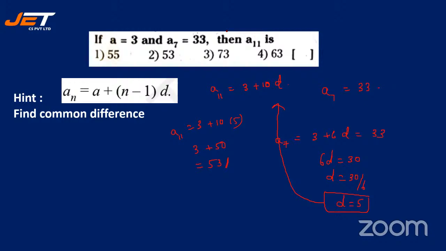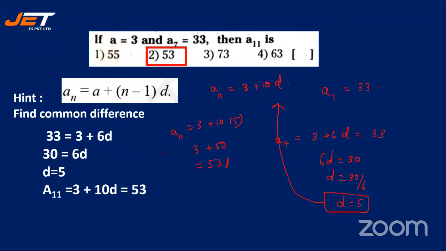Therefore, the answer is 53. Those who are not able to do it, now I'm sure you will be able to do it. It's a very simple sum. Please rectify your mistakes. All right, with this, we are moving on to the next sum.